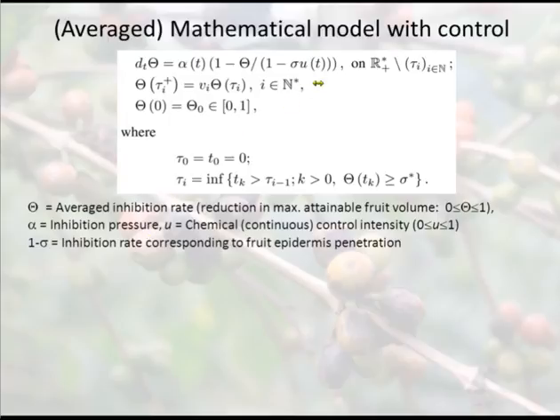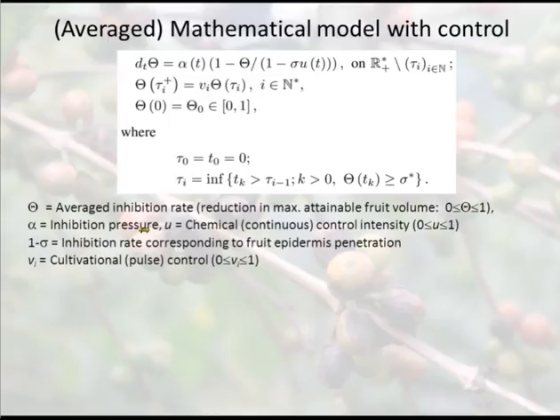If U is equal to 1, you can see that the stable solution for theta is theta equals 1 minus sigma. And this expresses the fact that if there is chemical control, the anthracnose cannot penetrate the epidermis and the damage is limited.